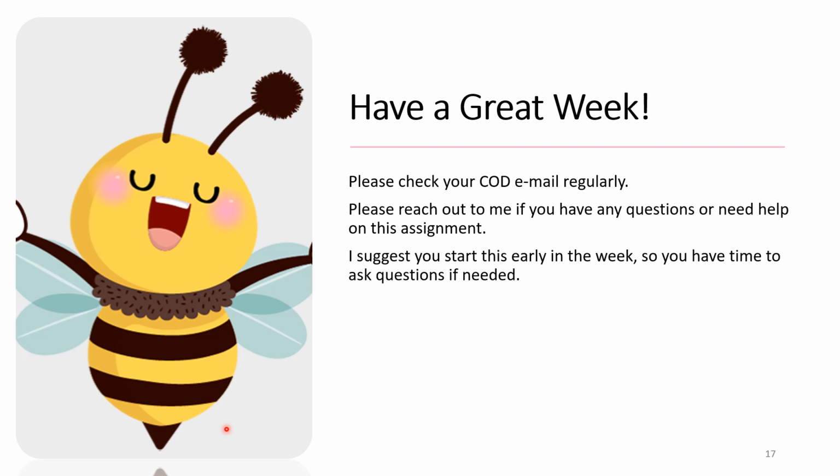Now, for this week's assignment, you need to start early because you might have questions. It might be hard to understand. And I don't want you to wait until Sunday to think that you could complete this entire assignment and then get stuck and not sure what to do. So I will give you 2 attempts to complete this assignment.